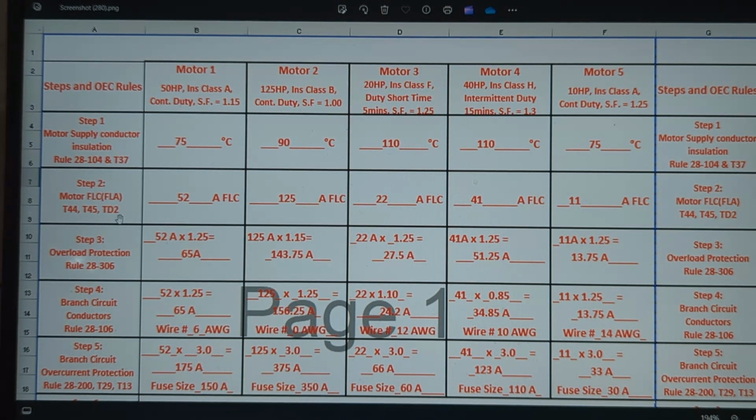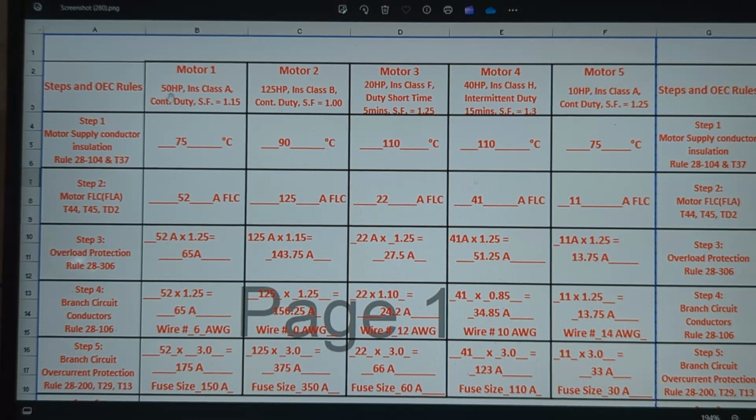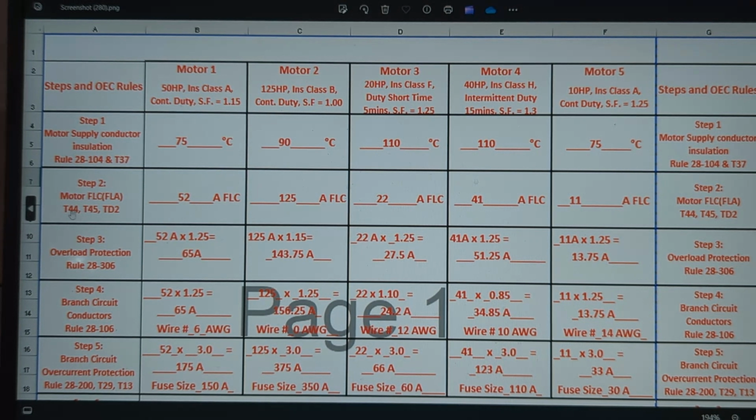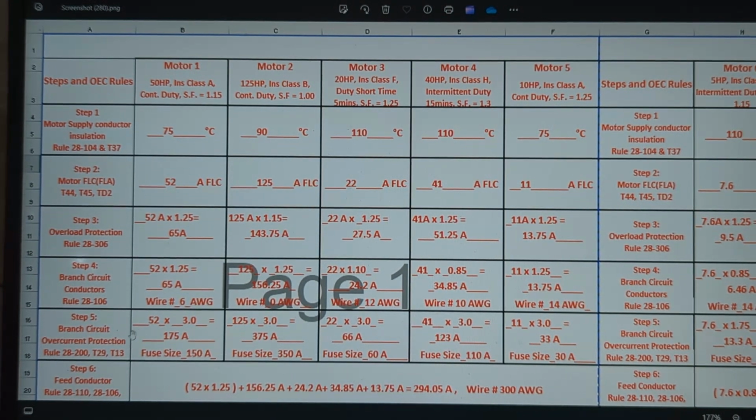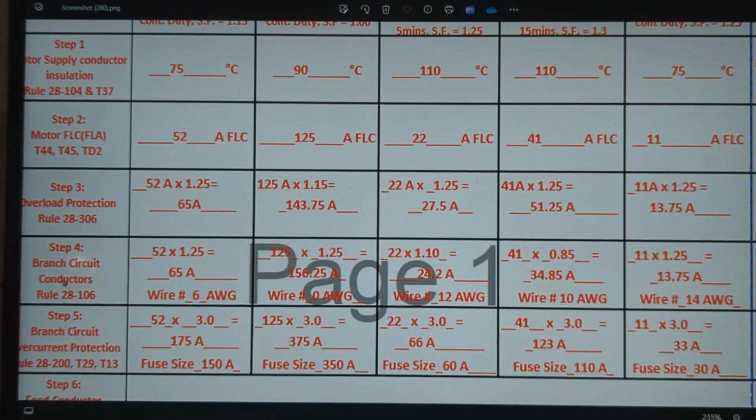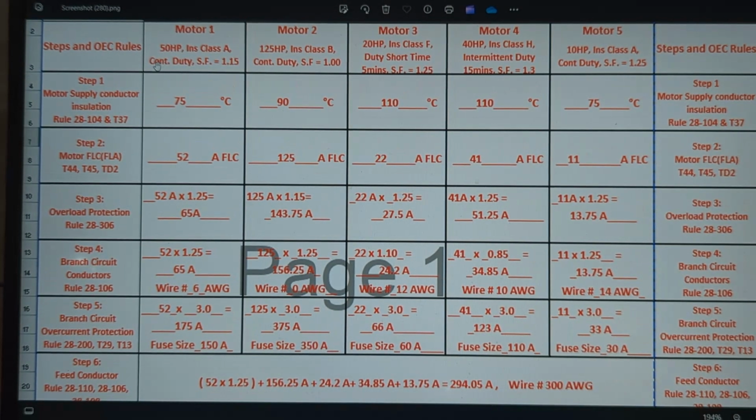Okay. Then step 2, we need to find motor full load current. There's no full load current in the specification, so we will refer to this chart. If we go to table 44, that is 52 ampere. Okay. Next step is to find the value of conductors. Full load current times 1.25. Why 1.25? Because it's continuous duty. So this is conductor. Next is overcurrent.